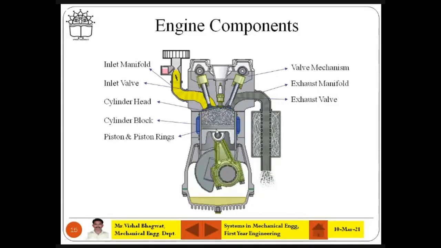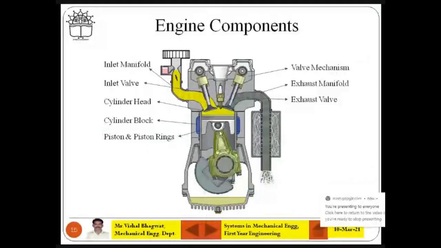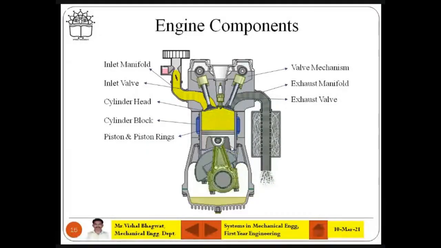Then either you need to replace the piston or you need to replace the complete cylinder. If you are replacing the cylinder, it means you are replacing the engine, no? And you know the cost of the engine is too much, more than 50% of the vehicle. So that is the engine cost. Now let me complete in one minute. These piston rings are there so that there will not be direct contact between the piston wall and the cylinder wall.